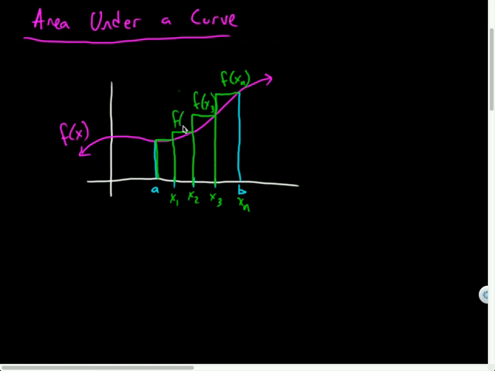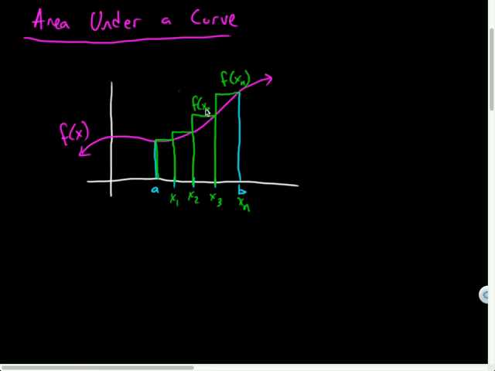Right? So all I'd have to do is plug in those numbers. Actually, did I do that backwards? Let me erase them just a moment here. Yeah, x sub n definitely. X sub 3 would be this point, so this bar is f of x sub 3.